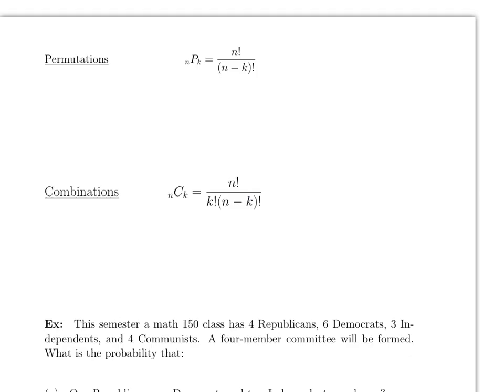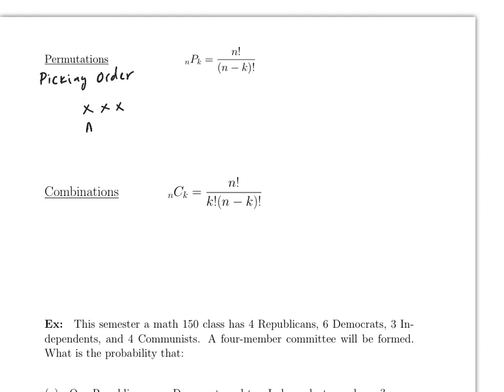Next, we're going to talk about permutations. Permutations means this: you have n objects to choose from, and you want to pick k at a time. If you do a permutation, the order is important. And by order, that means the picking order is important. So whatever you pick first gets something different than what gets picked second, and so forth. For example, let's say that you're going to pick 3 people.